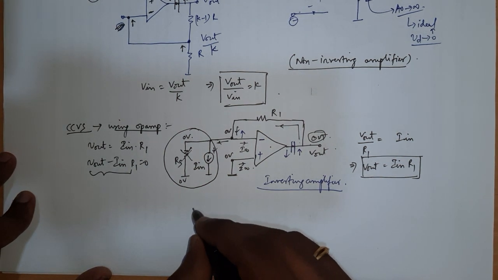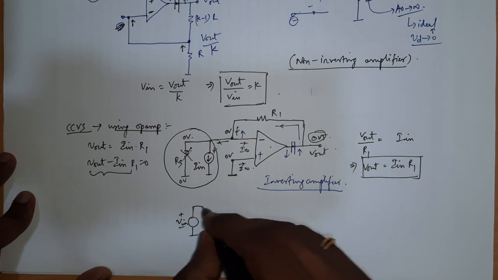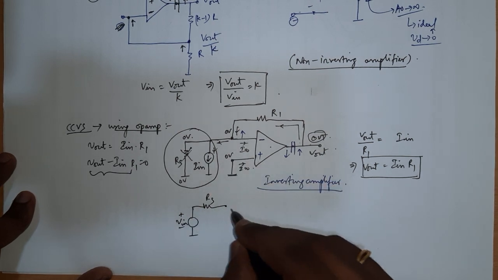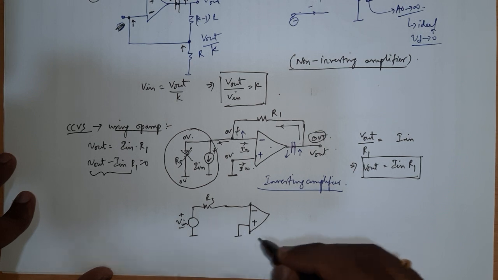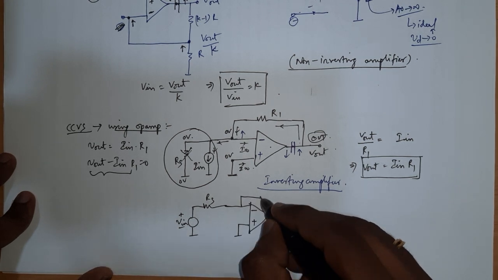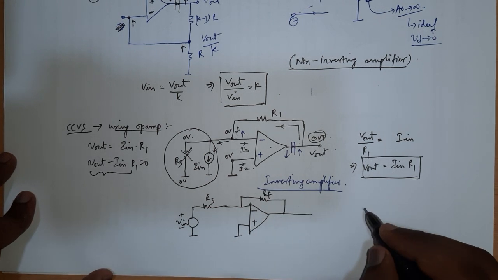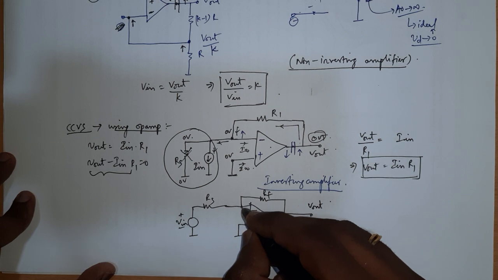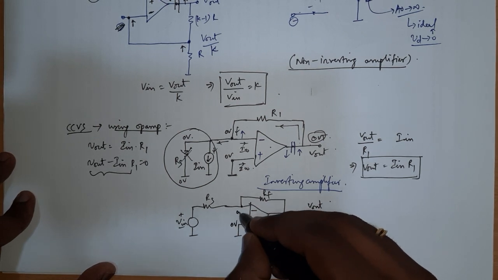In that case, you will have some V in and RS like this, instead of this one, and it will go to the negative terminal of the op amp while positive is grounded again, and there will be a feedback resistor RF. This is V out, and by virtual short, if this op amp is ideal, this is 0 volt, this is also 0 volt.